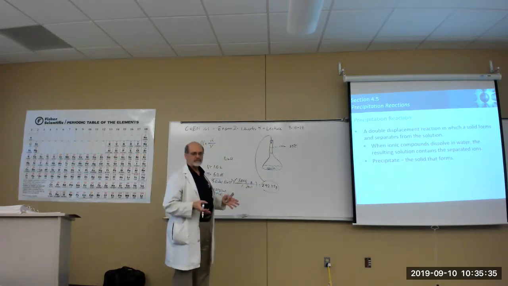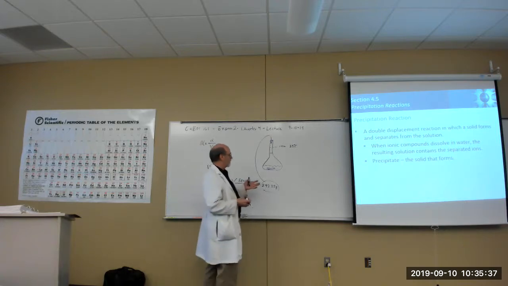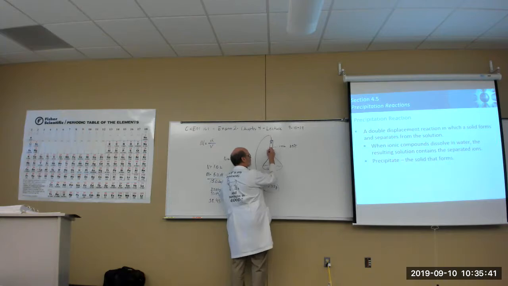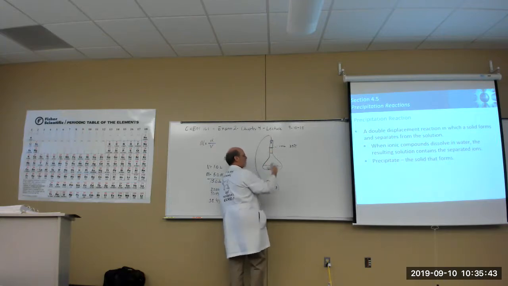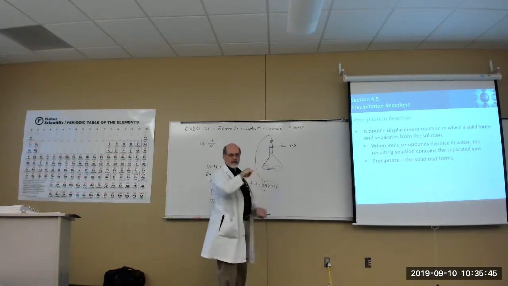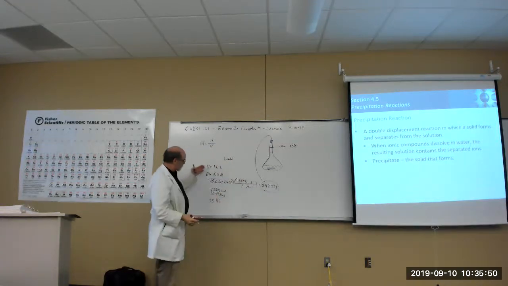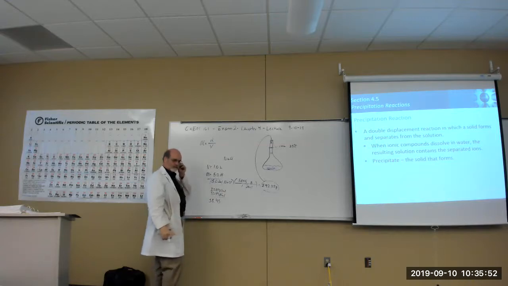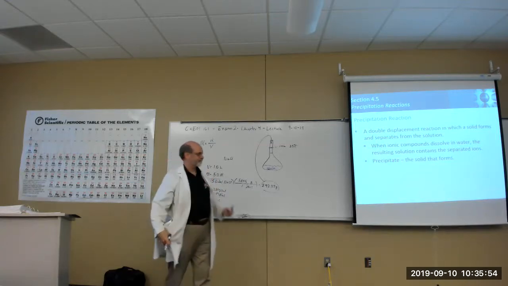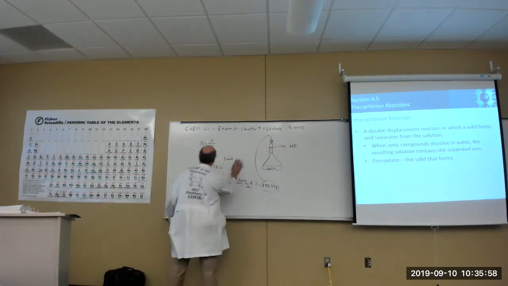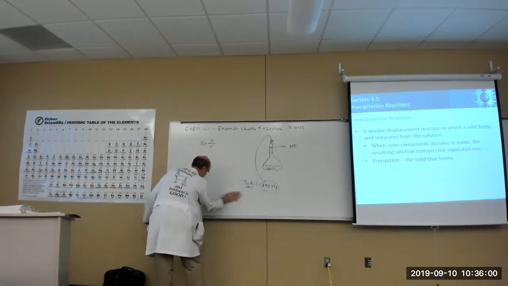It may take an hour, 2 hours, whatever it takes. Once it's come to room temperature, then you finish adding solution to the mark, put the stopper back in, and mix it. Now you have a solution of sodium chloride that is 5 molar. Okay? That's some practical chemistry.